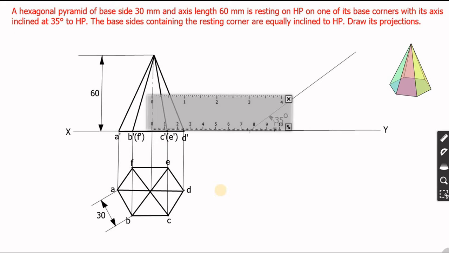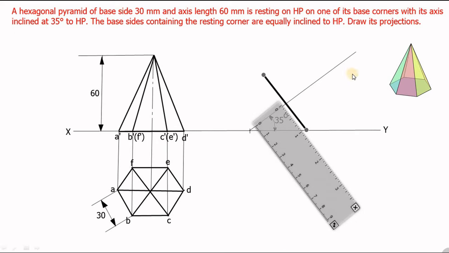I have to keep the scale on the inclined line and move it in such a way that the 25 mm measurement touches XY. If you are using a drafter, it is well and good. You can move the drafter so that the point where 25 mm meets XY will be the D dash point.